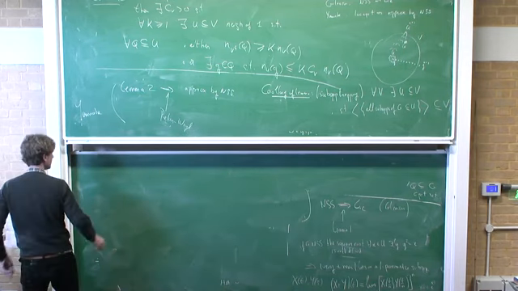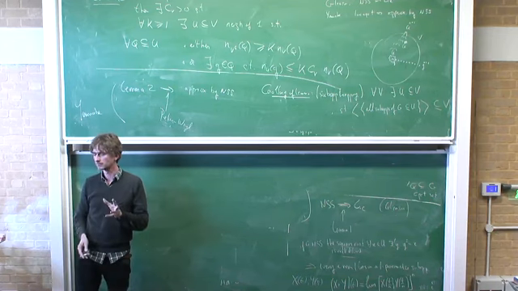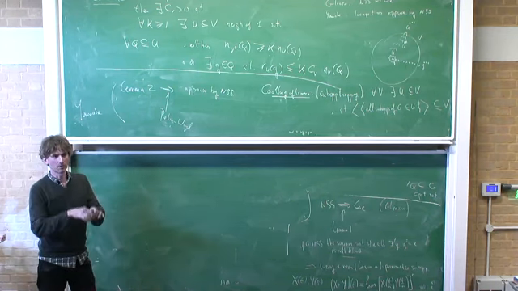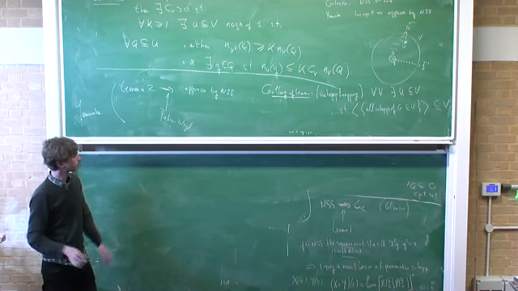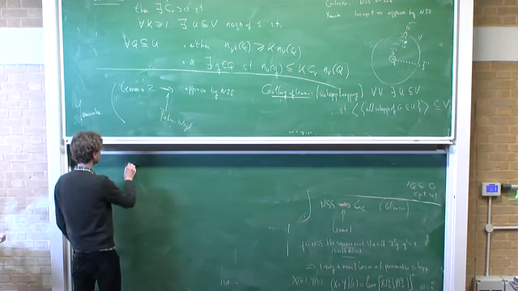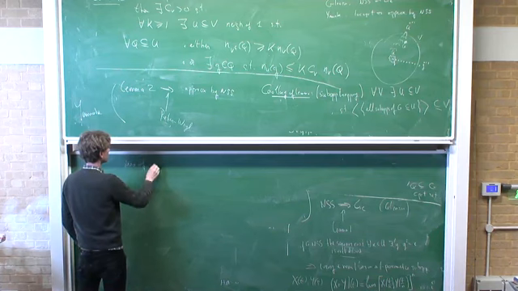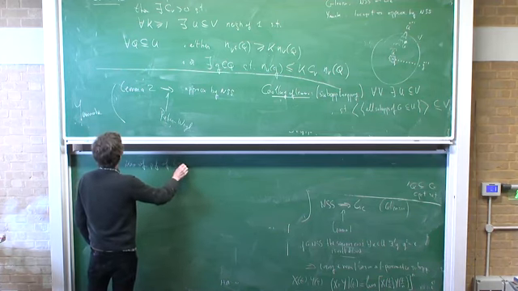The idea is, again, like in Peter-Weyl. You take a bump function around the identity. So that's the idea. Lemma one.